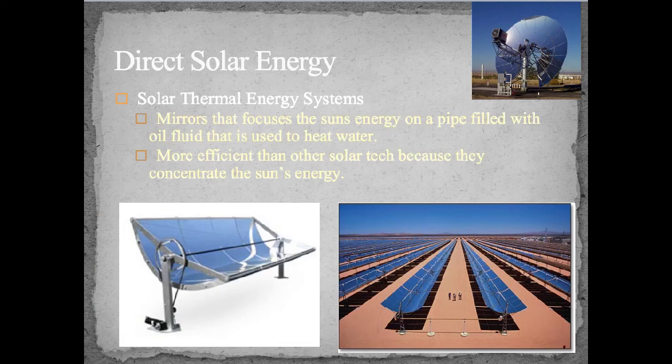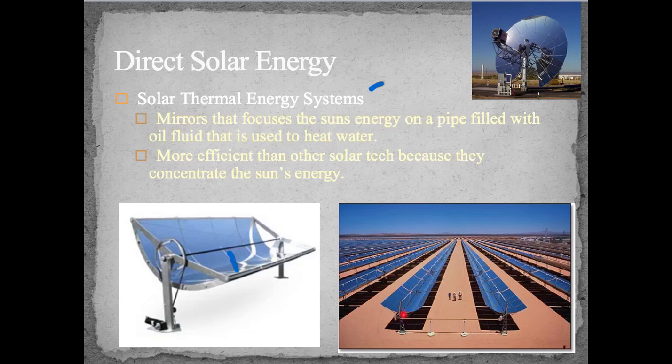The last type of direct active solar energy we'll look at is the solar thermal energy systems. They're mirrors that also focus on a center area, but it's on these pipes. You can see how all the light is deflected to this little pipe in the middle that contains some type of oil. That oil is then rushed through to somewhere where it heats water, the water is boiled, and it creates steam, same situation.